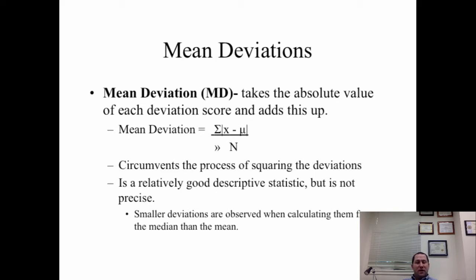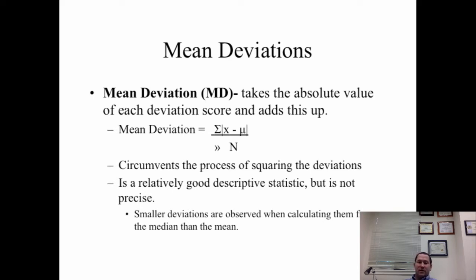Doing this, you'll notice that it's the absolute value of x minus x bar, or x minus mu. That is important because the sum of x minus x bar is always 0, since the negative numbers cancel out the positive numbers. In this case, all we get are positive numbers. The negative numbers are converted into positive numbers. All right, so we drop the sign.